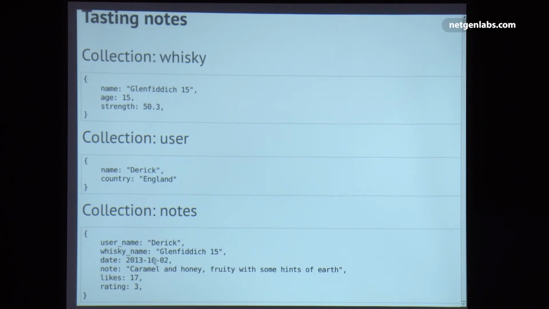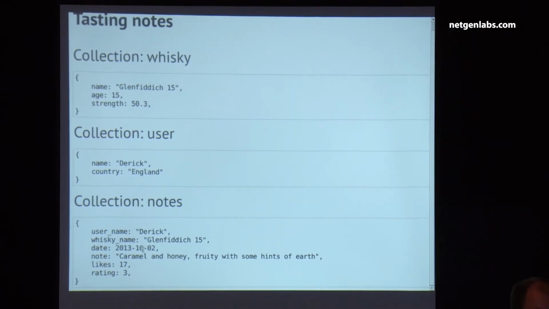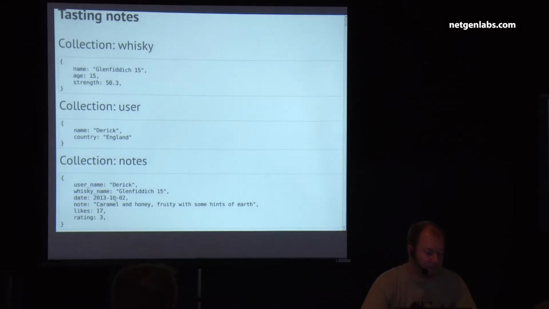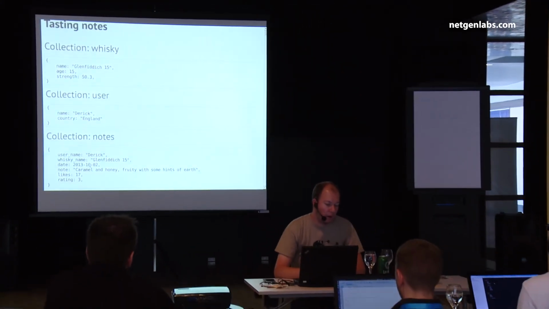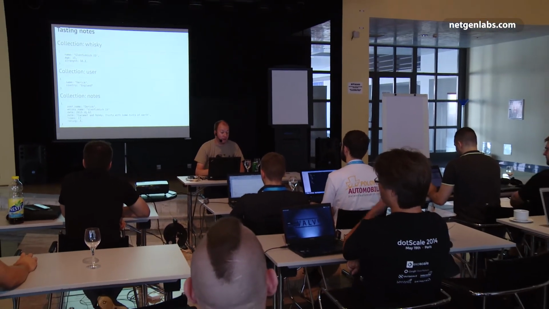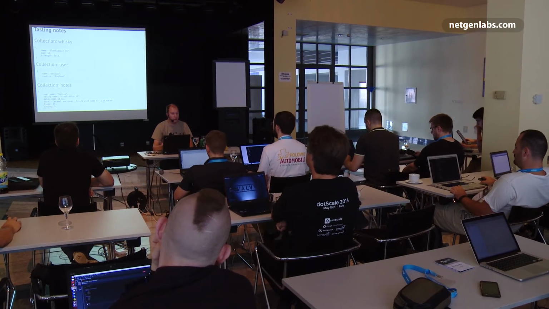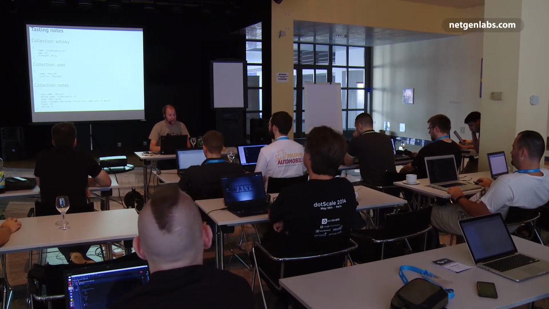What do you think about replacing the username and whiskey name by IDs or unique IDs? Okay, that's a good question. What do I think about replacing the username with its IDs instead? Well, I wouldn't do it. If a user has a unique key already, of course, a first name isn't a unique key, right?